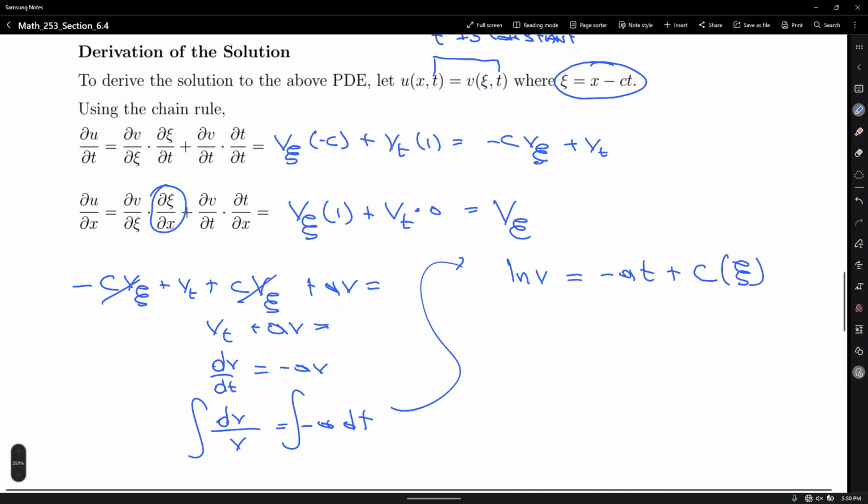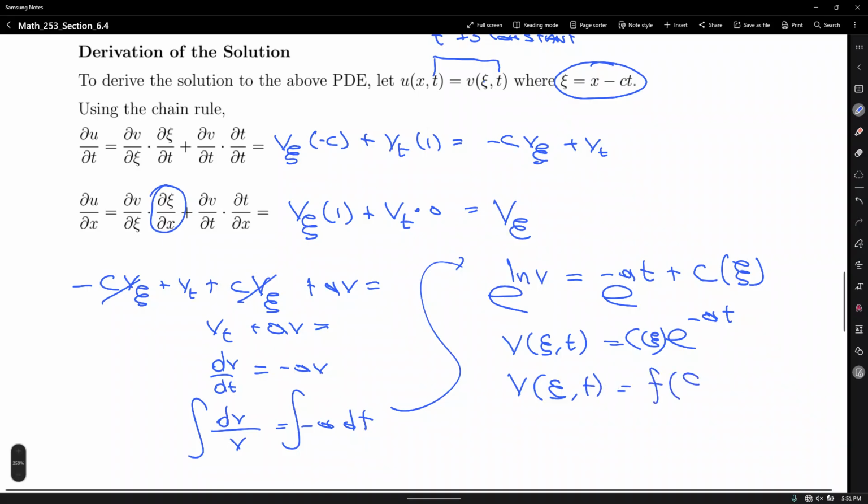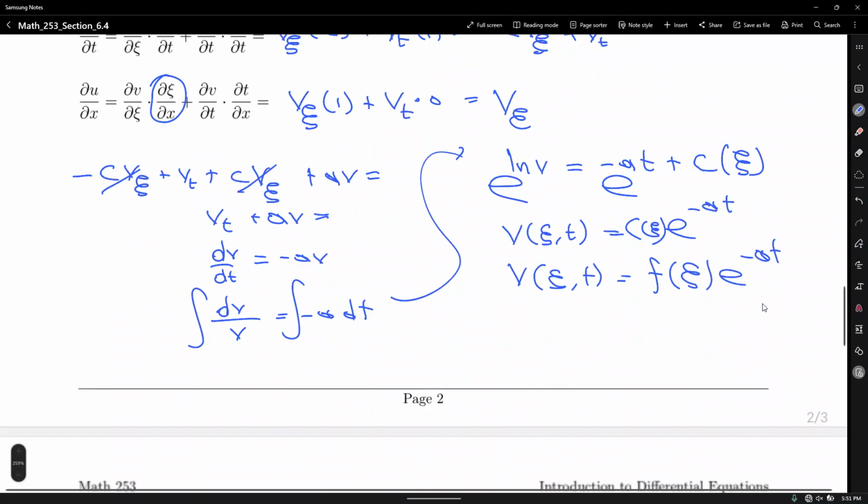All right, back to the original terms. Exponentiate both sides. This is v of z, t equals, by absorption, e to the negative at. What is e to a constant? Isn't that just another constant? C of, which is really some function of z.